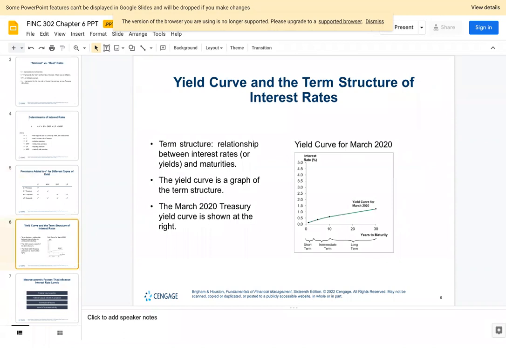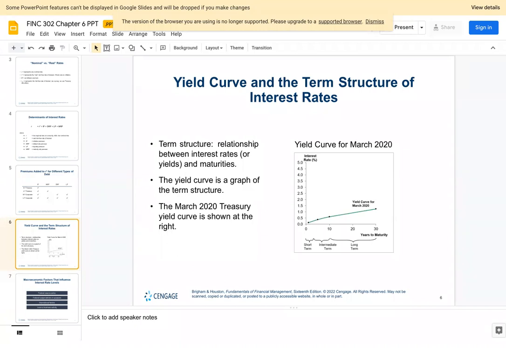When we talk about interest rates, a topic that always comes up is the topic of the yield curve. What's the yield curve? The yield curve shows the relationship between interest rates and the maturities on various securities.